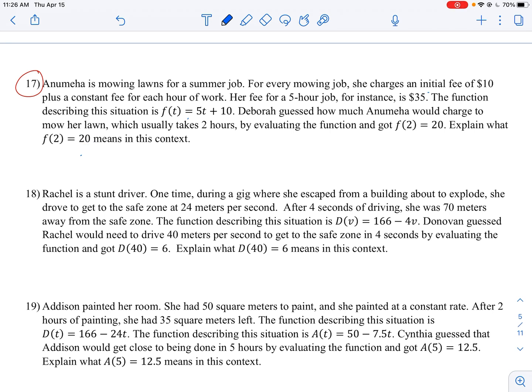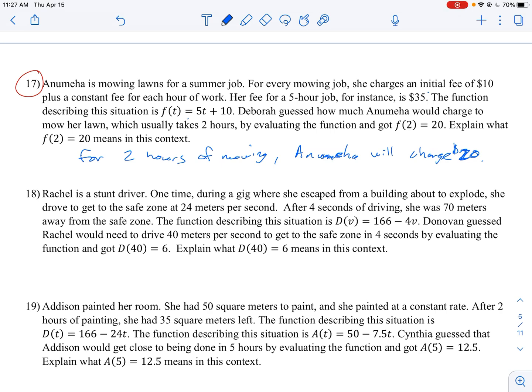So this means that for 2 hours of mowing, Anumeha will charge $20. Ta-da! That's what we're looking for. Anyway, that's this kind of thing.